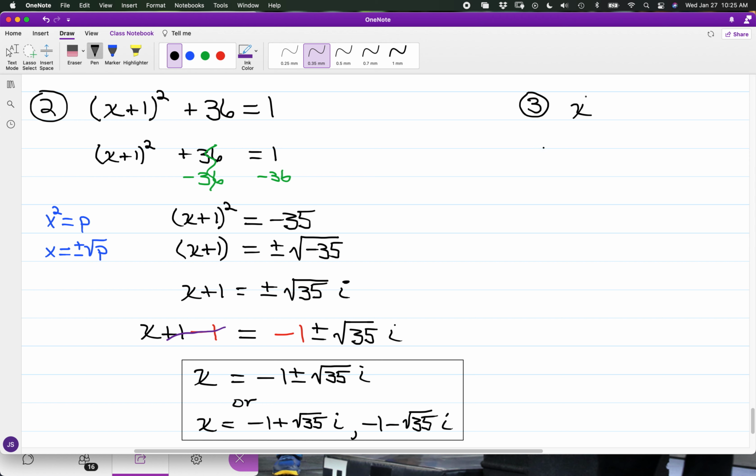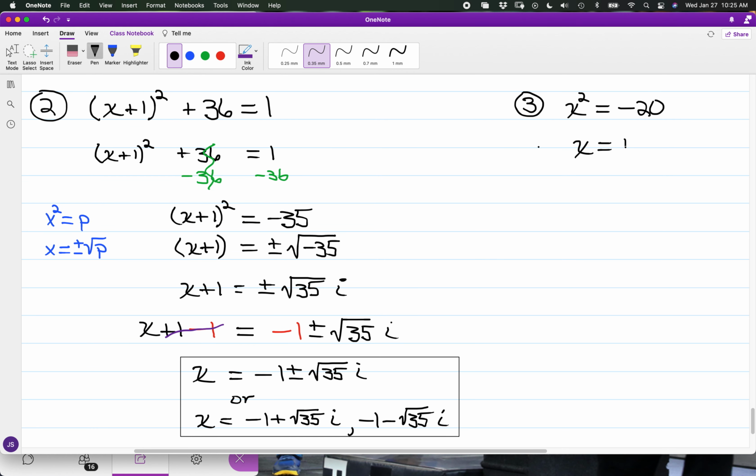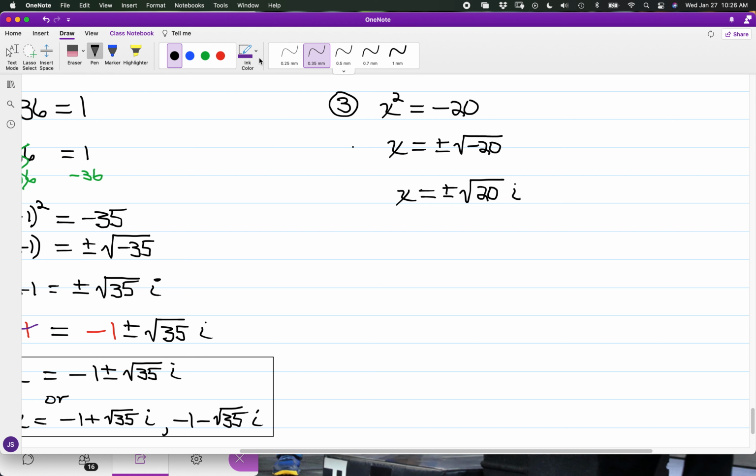Say for a third case, if I have x squared is equal to negative 20. If I go from x squared to x, I have x equal to plus or minus the square root of negative 20, and if I take out the letter i, x is going to be plus or minus the square root of 20 times i.